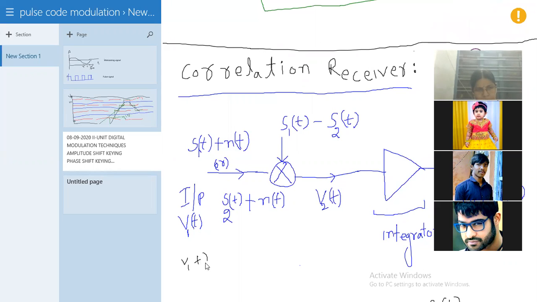So V1 of t is either one. S1 of t means logic 1, positive, so S1 of t plus N of t.